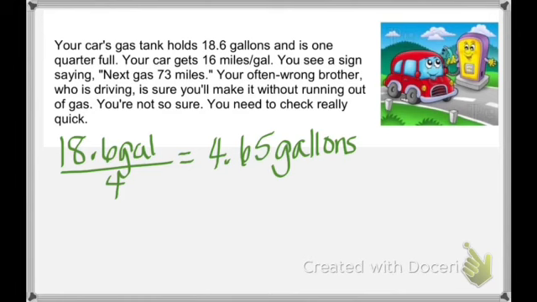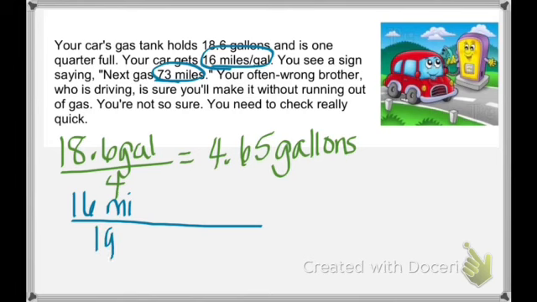So keeping that in mind, looking at this, I want to know if I can go 73 miles. My car gets 16 miles per gallon. So, if I take 16 miles for every 1 gallon of gas and multiply it by 4.65 gallons, I'm going to find out if I can go that far.